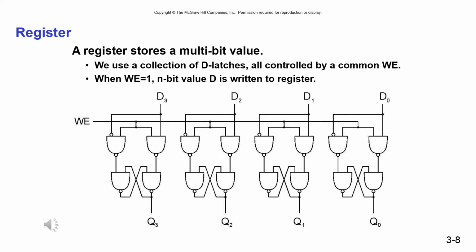Bit 0, bit 1, bit 2, and bit 3. That is a collection of D latches, all controlled by a common shared write enable signal. When write enable is 1, the n-bit value, in this case the 4-bit value D, is written, bit 0, bit 1, bit 2, bit 3, to the register's bit 0, bit 1, bit 2, bit 3.